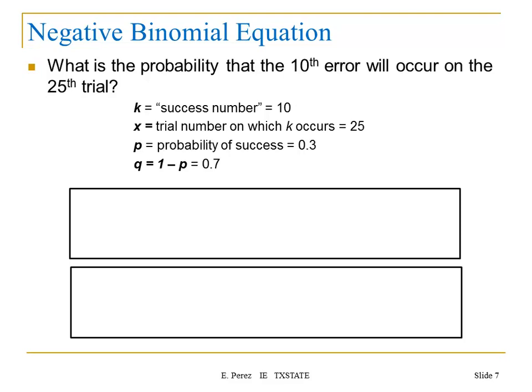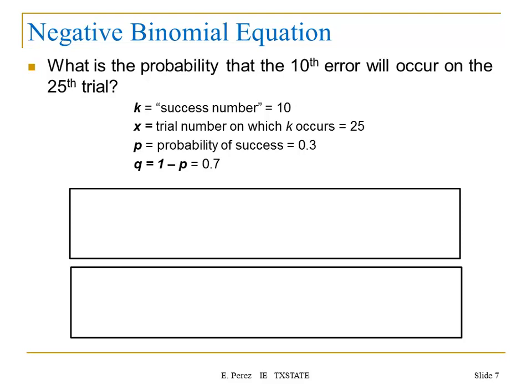Actually this is the same example, I just want to give you the solution. For our example, K, the number of successes, is 10. The question is what is the probability that the 10th error will occur on the 25th trial?